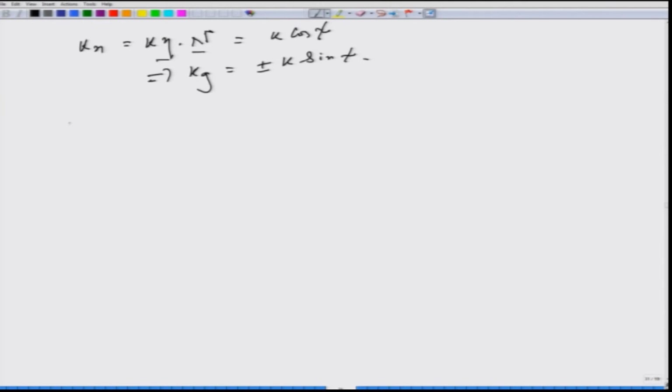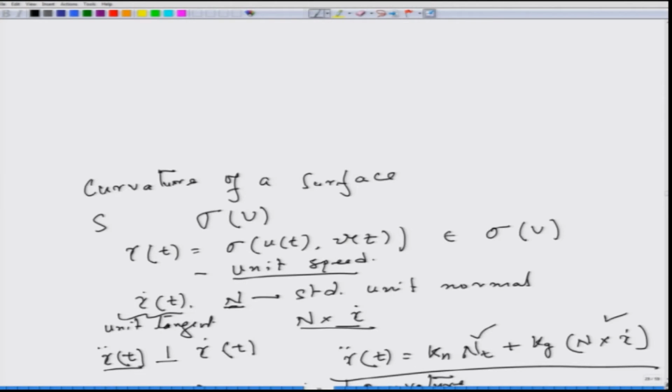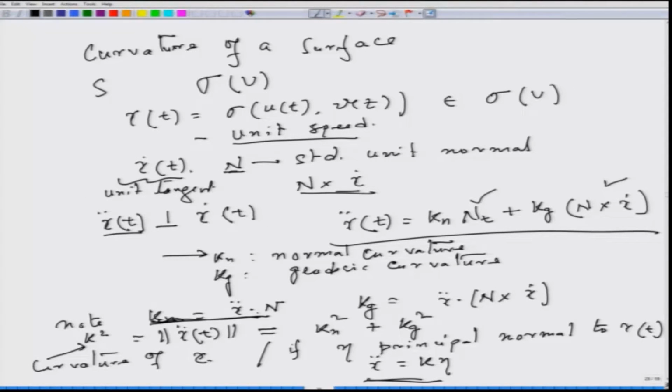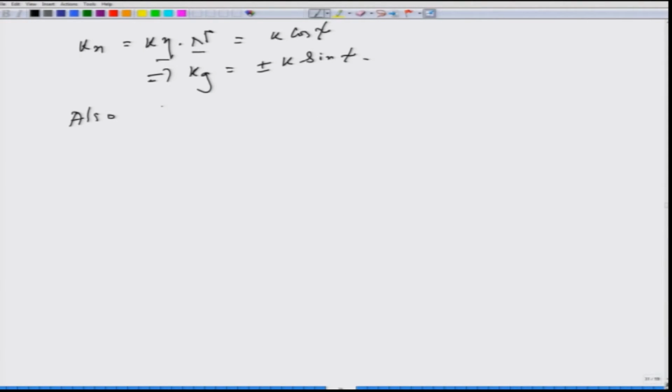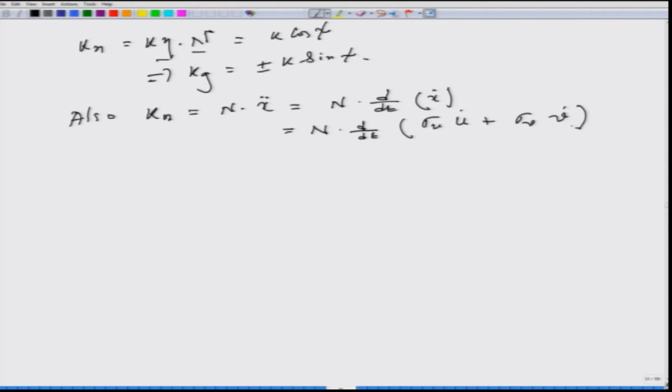Also note from this relation, the normal curvature is n dot gamma double dot, okay. So this is n dot d/dt of gamma dot. I am writing it for some other purpose. Now, I know what gamma dot is, we have done it various times: sigma_u u dot plus sigma_v v dot, right.